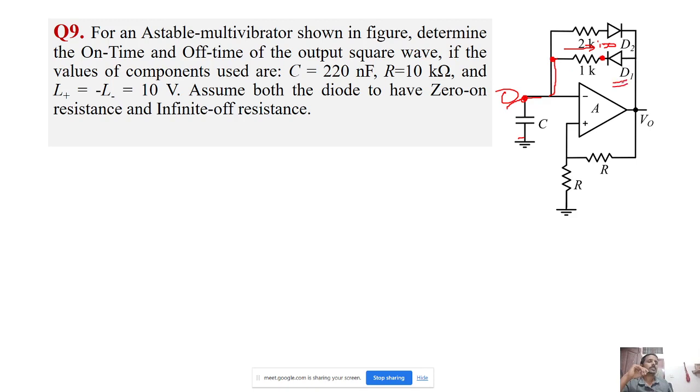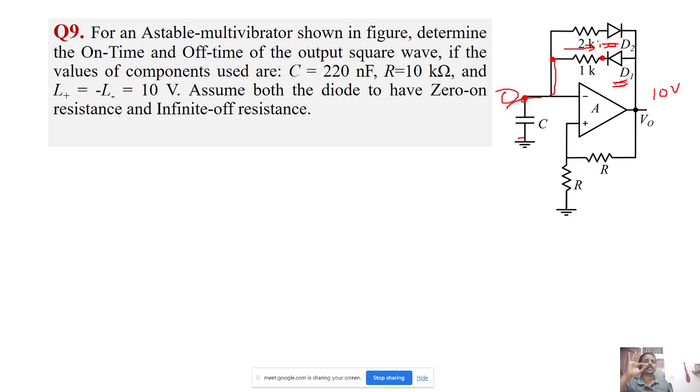So D1 is on. For example, this is 10 volt, right? Now the capacitor will charge. Now D1 is on, D2 off.